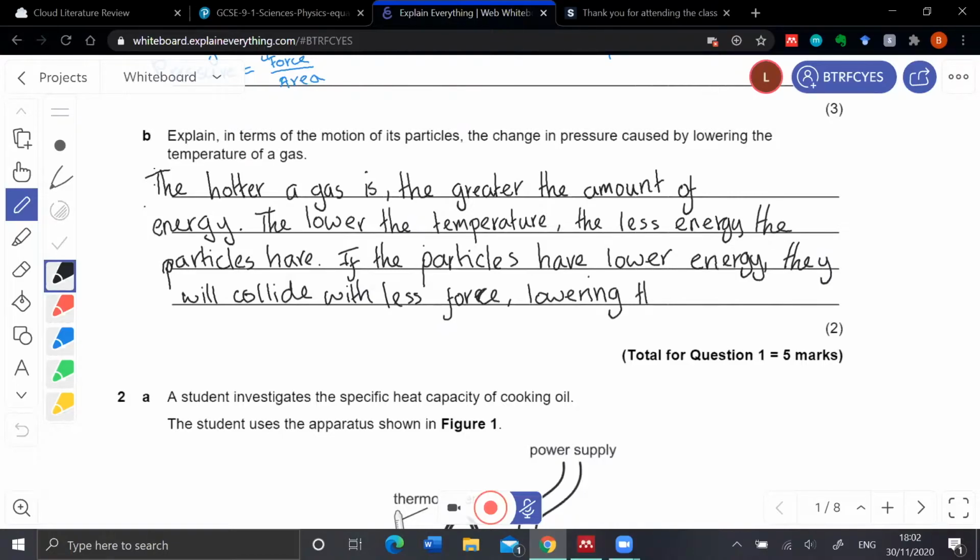You can think of a summary for that, a bit of extra for your notes: the higher the temperature, the higher the pressure.